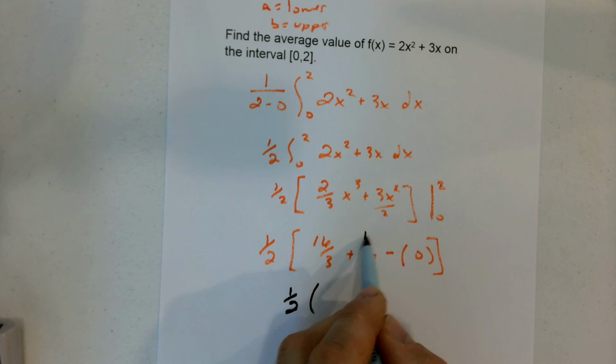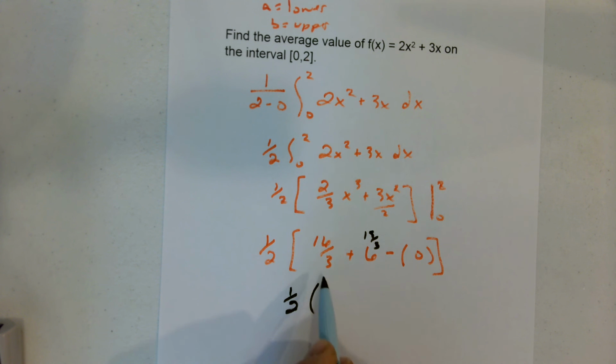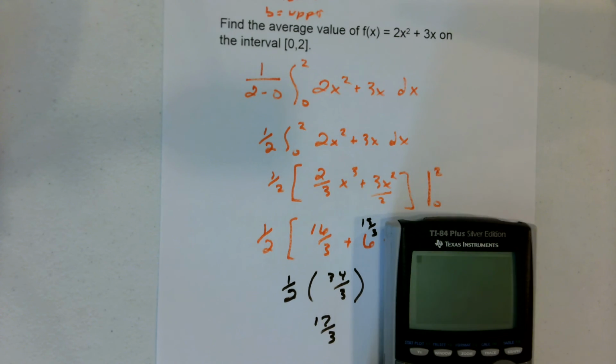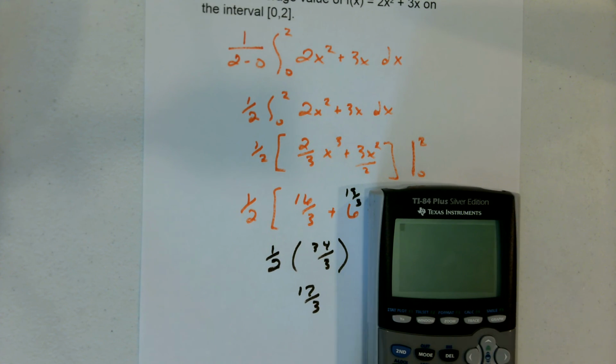So here we have, what, 18/3. When I go ahead and add those together, I end up with 34/3. Multiply my half into there, so I end up with 17/3. And that's going to be the average value of that function, is 17/3. So if we look at the calculator again, we can go to math 9, and we can type this in.